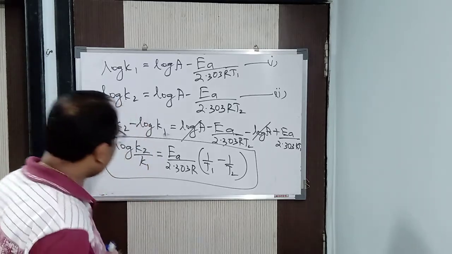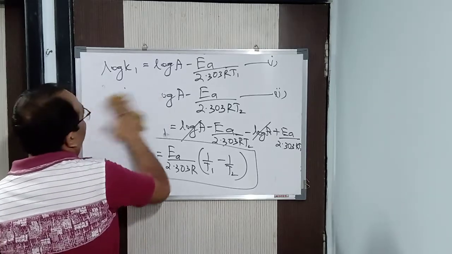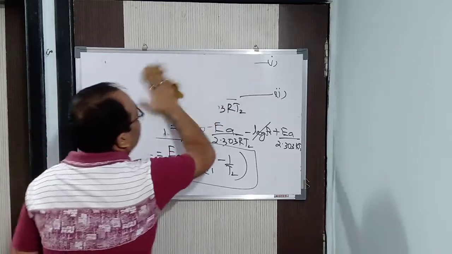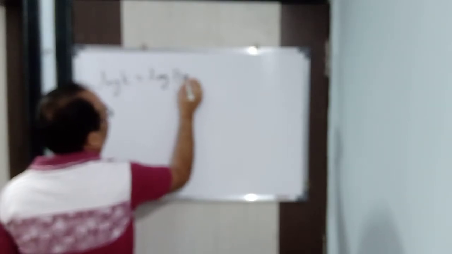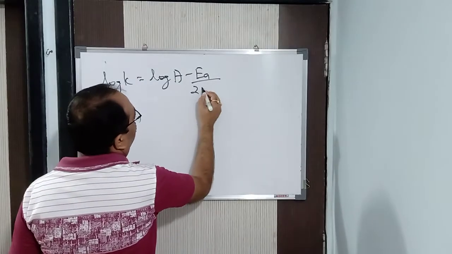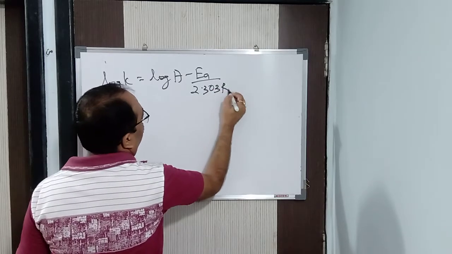Now, you understood this? So we'll now find the slope, that is, graphically we'll understand it. See, you got the equation log K is equal to log A minus Ea by 2.303 RT.